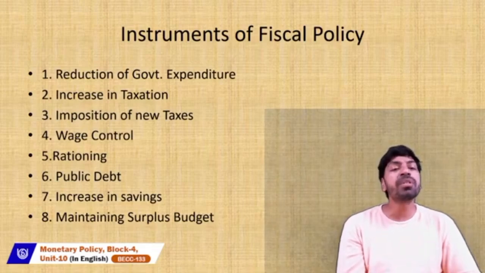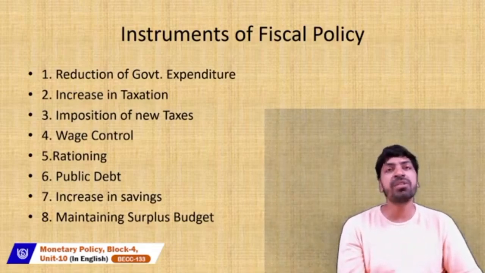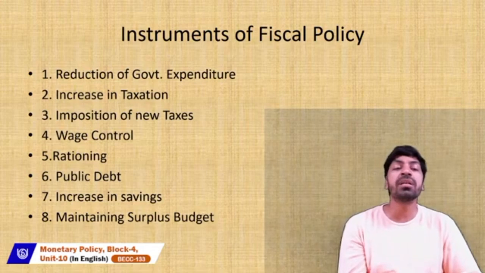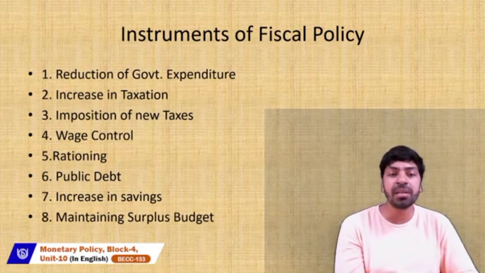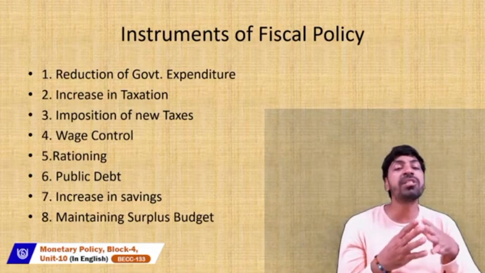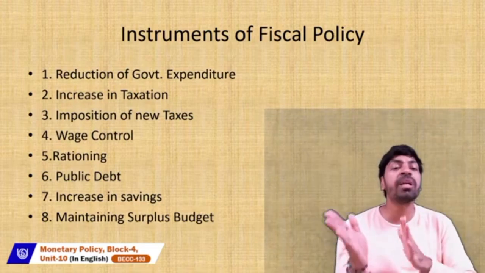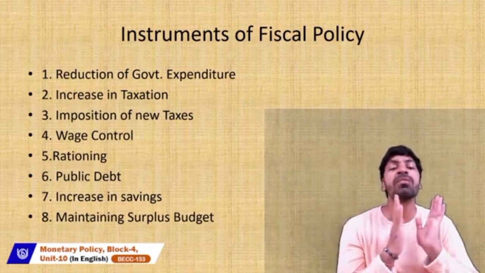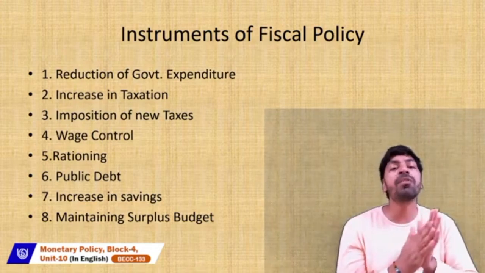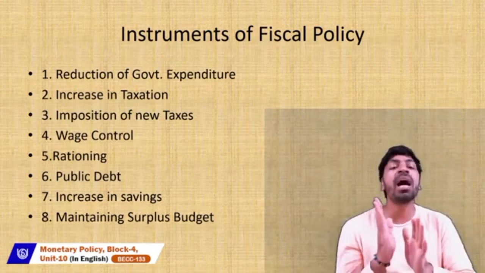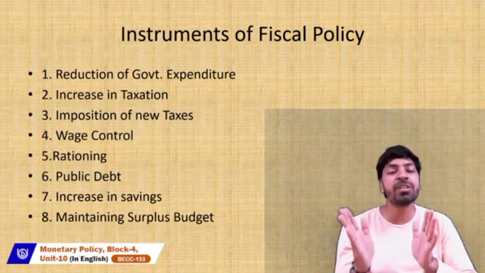Next one is imposition of new taxes. In the last few years, we can talk about the goods and services tax, that is GST. If we talk about the GST, it applies to every item, be it electronic items, food items, alcoholic items, or any beverages.